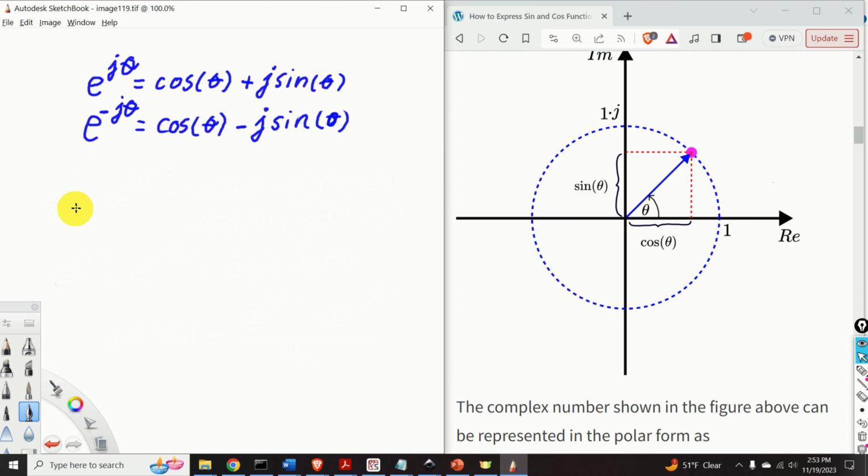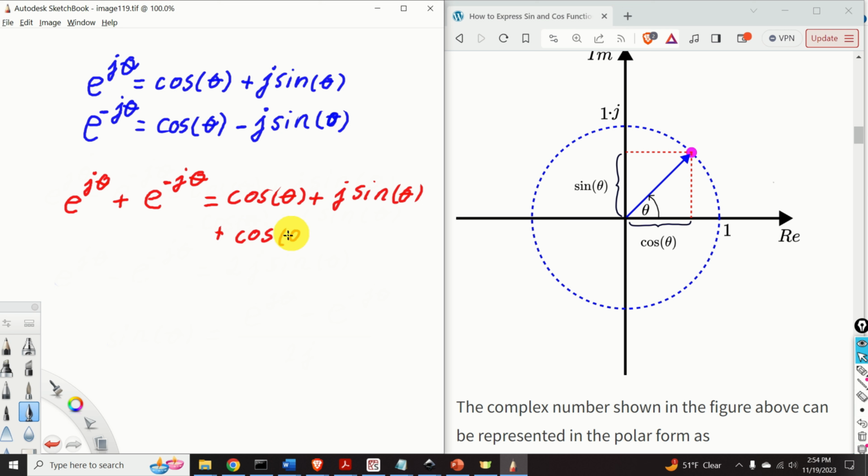Let's add these two equations. We have e to the power j theta plus e to the power minus j theta is equal to, the first equation looks like this, and the second equation is plus cosine of theta minus j sine of theta.